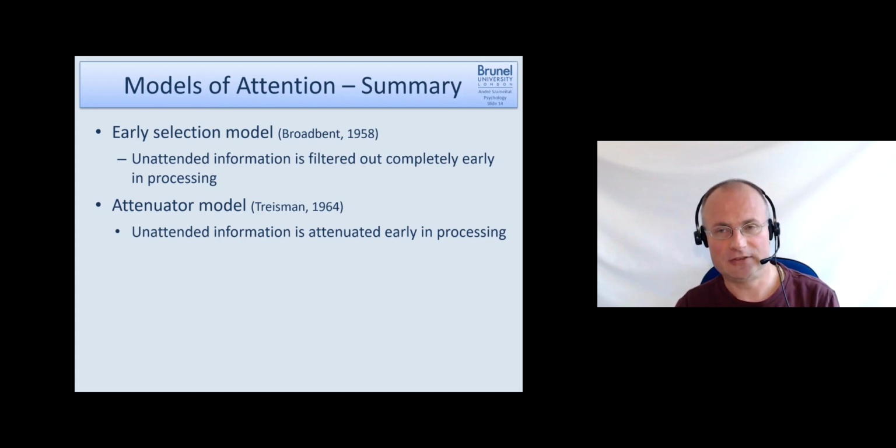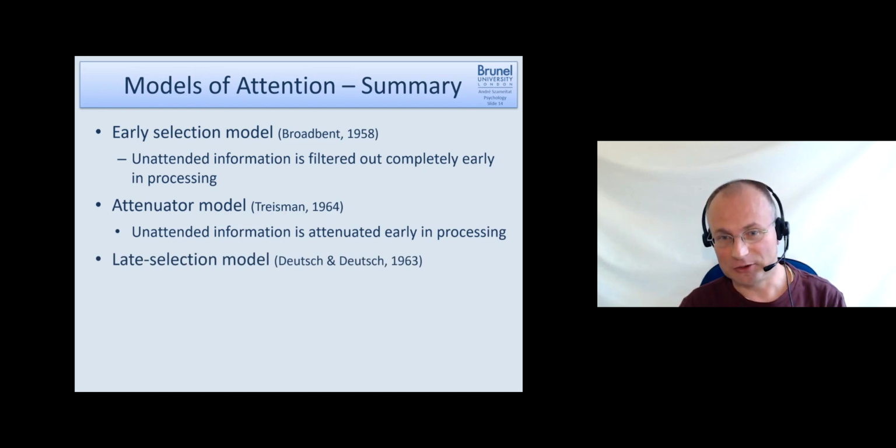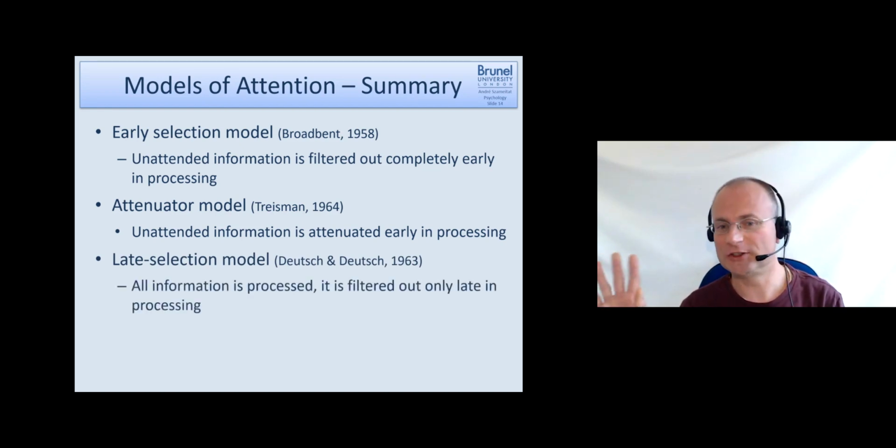And this filtering again still works on physical properties like pitch, loudness, or things. The late selection model says all information is processed for meaning and only filtered out late in the processing. And this filtering can happen on physical properties, like tonality, and by meaning as well.